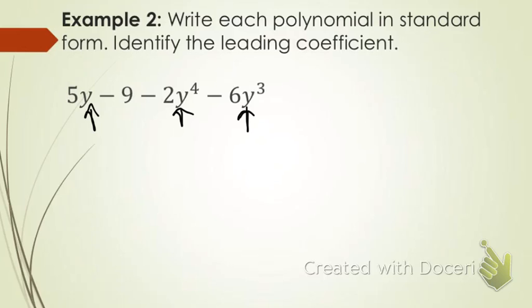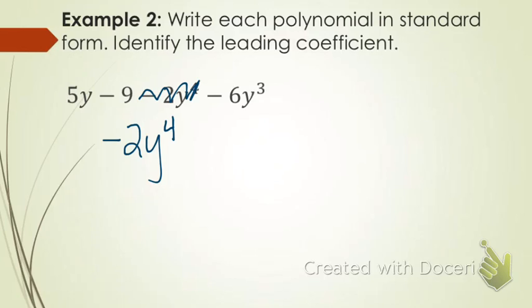Now if you notice, the highest power here is a 4, making this the highest degree, and making -2y to the fourth power the leading term. That is how I'm going to rewrite my problem, starting with that specific term. So I start with -2y to the power of 4.